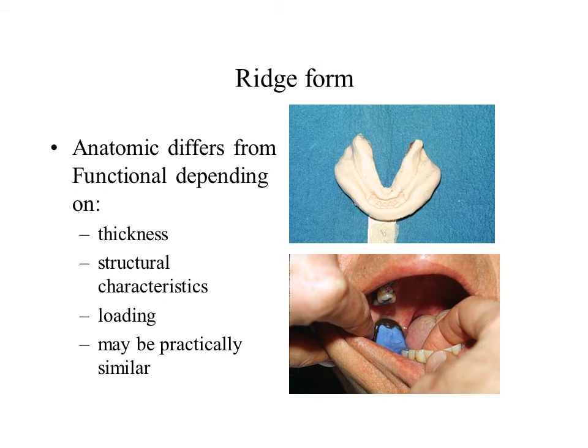In practice, the anatomic impression used to fabricate the framework may be different from the functional form depending on the resilience of the tissues, structure of the ridge, and loading applied. In other cases, it is very important to consider that the functional form may, for practical purposes, be equivalent to the anatomic form. As a result, sound judgment should be applied when deciding to use the altered cast procedure.